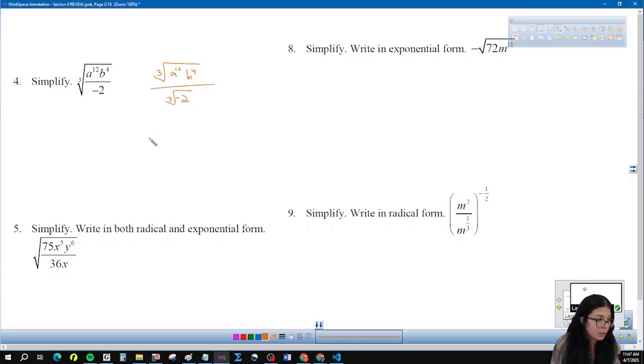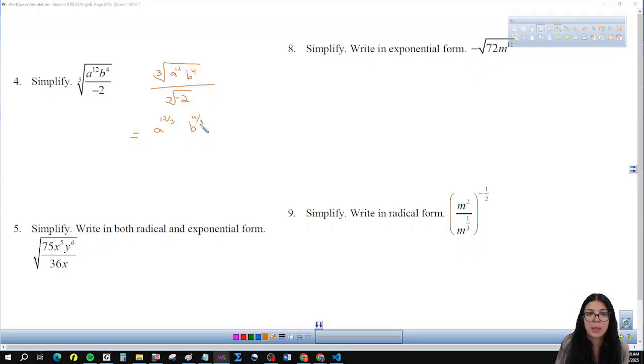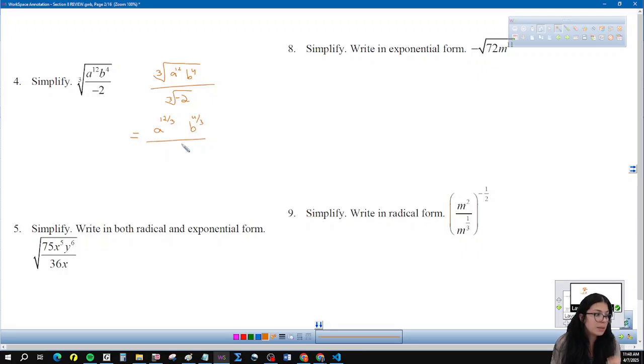When I do that for the numerator, I can use my fraction exponents to switch it to a to the power of 12 over 3 times b to the power of 4 over 3. And since the denominator is a number, I will keep it as a radical for now.